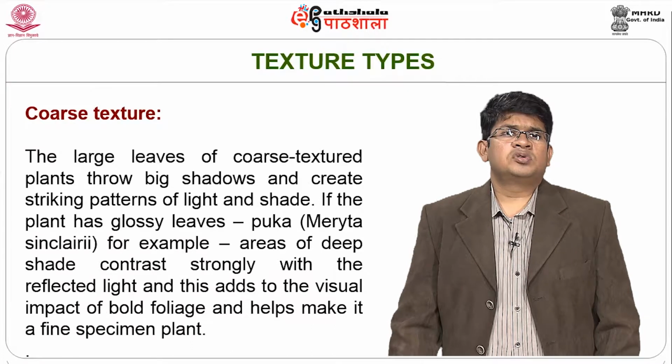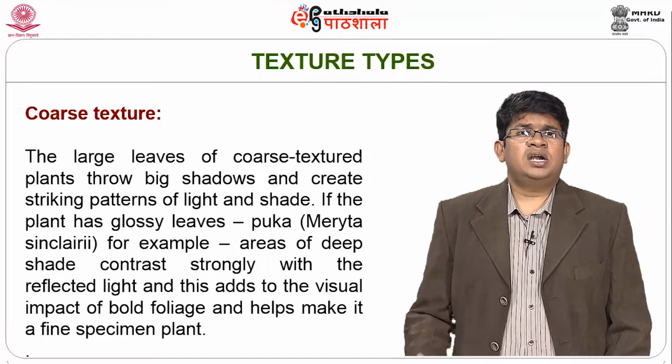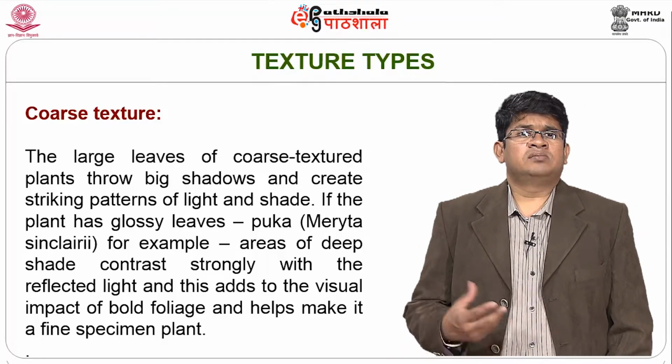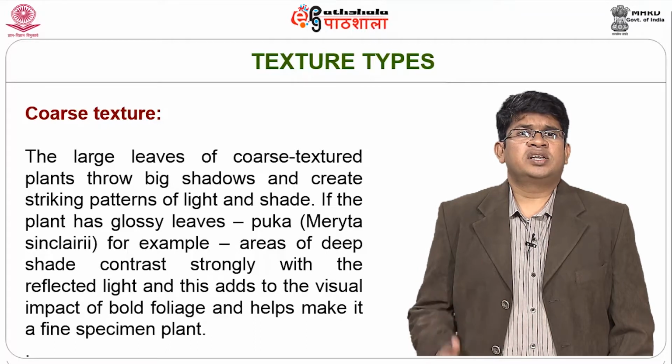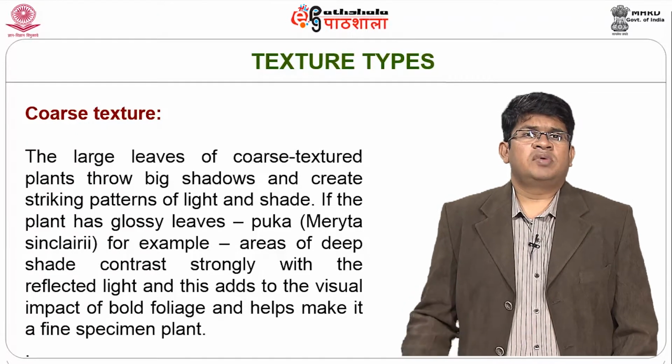The large leaves of coarse textured plants throw big shadows and create striking patterns of light and shade. If the plant has glossy leaves, then with the reflected light they can add to the visual impact of bold foliage, and thereby it can also make a specimen plant.